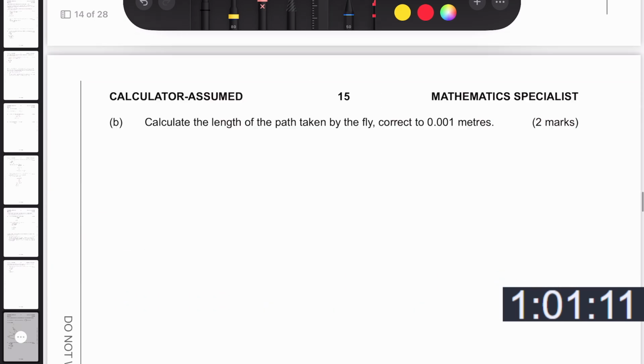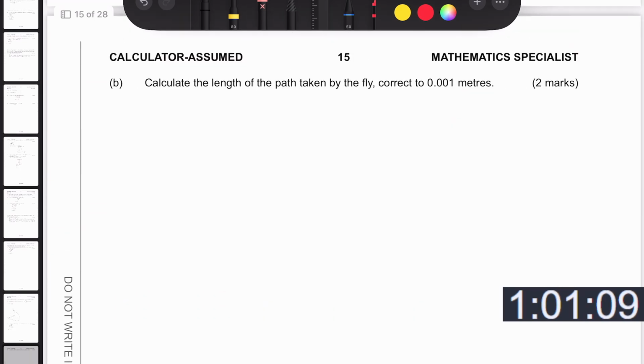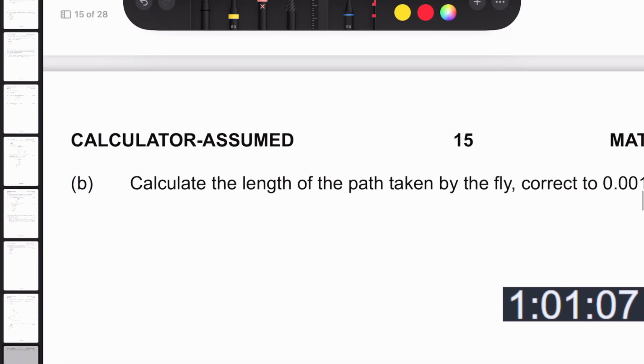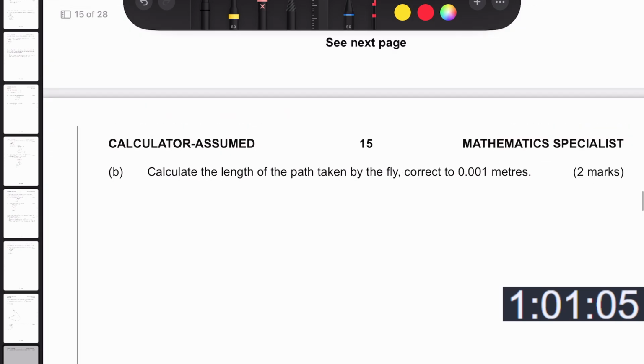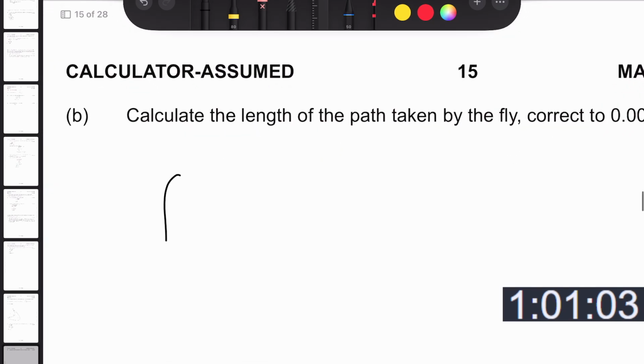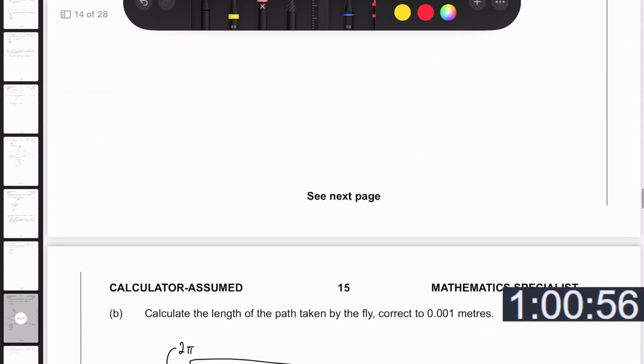Calculate the length of the path taken by the fly, correct to that. So then that's going to be 0 to 2 pi of the square root of the velocity.